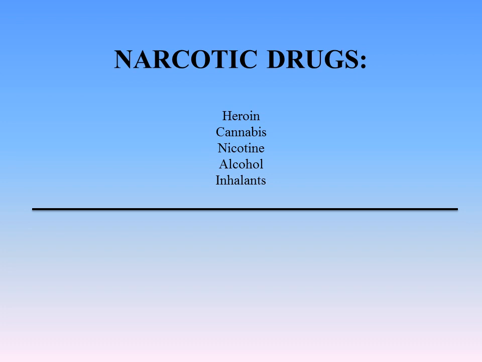Inhalants can be defined as volatile organic chemicals, commonly referred to as glue sniffing. The inhalants abuse include aerosols, for example, hairsprays or anesthetics. For example, a commonly employed anesthetic is ether, right?